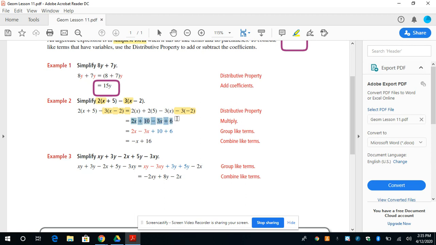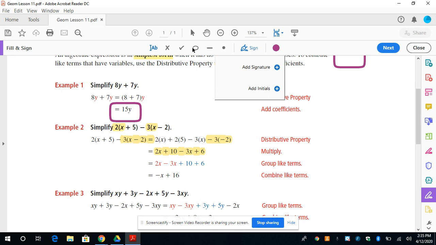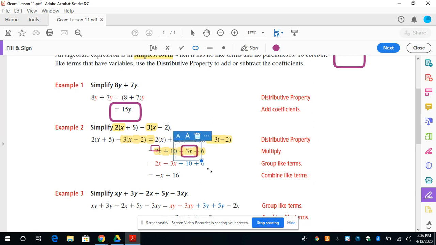So now we have to combine like terms. If we look at this one, we have like terms that are the two x values. So we have the positive 2x and the minus 3x. For this one, make sure you take the sign in front. This is a positive 2, but it's a minus 3x.